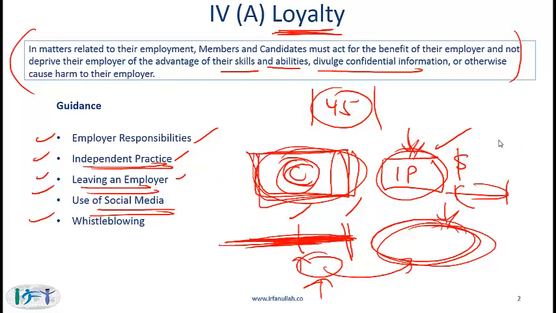Let's say you are in a situation where your employer or somebody at your company is either violating standard 2, which is integrity of capital markets, or let's say that something is being done that hurts the best interests of the clients. Then what do you do? In that case, it is acceptable to raise the matter with law enforcement authorities, and that is whistleblowing.